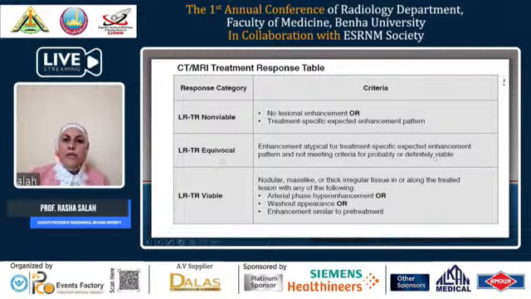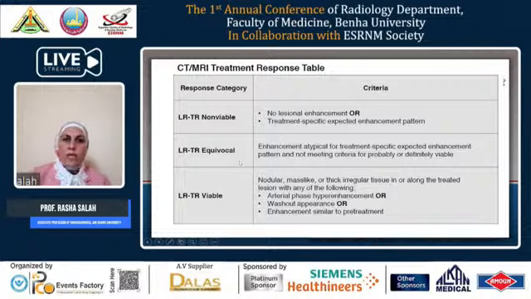Then a new criteria was reported in the LI-RADS scoring system version 2018, which is the treatment response assessment. Because the application of the other assessment of solid tumor response for HCC doesn't apply in patients after locoregional treatment.